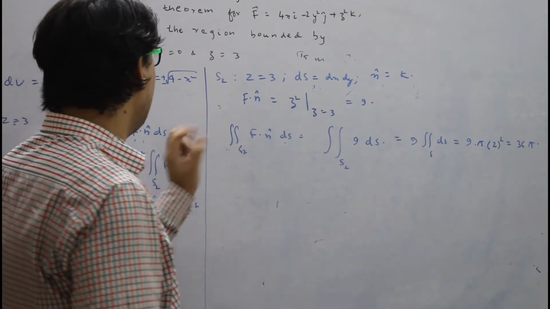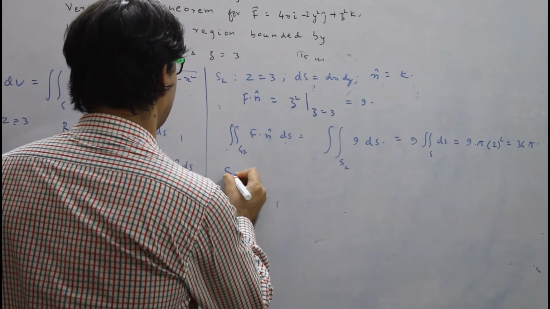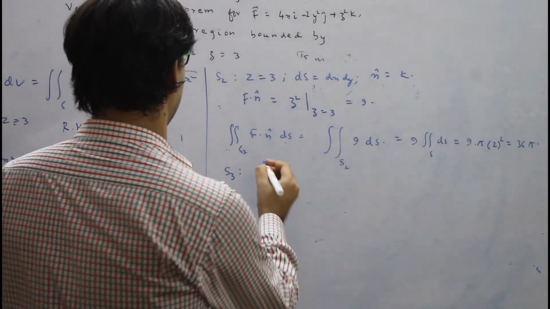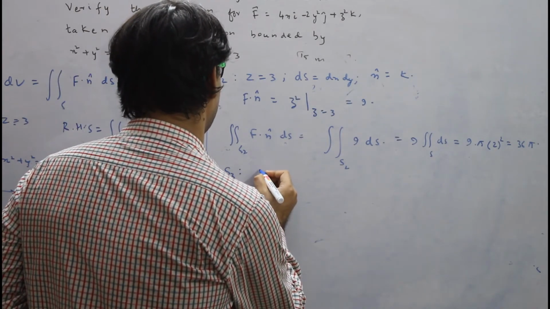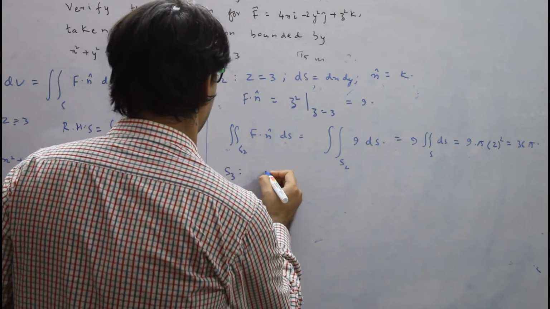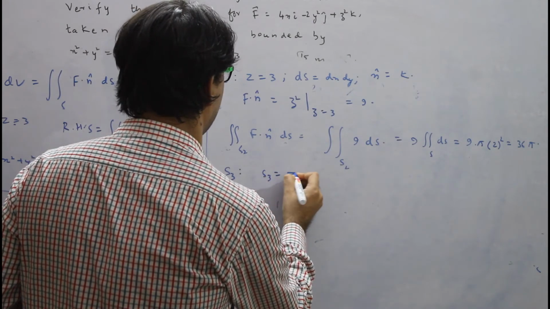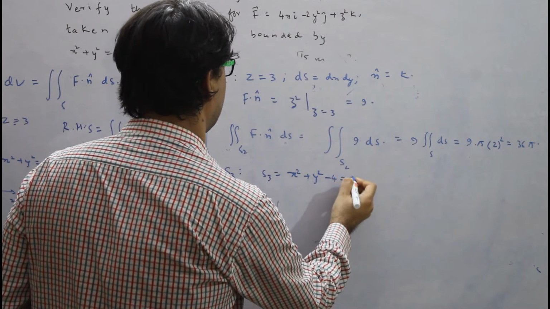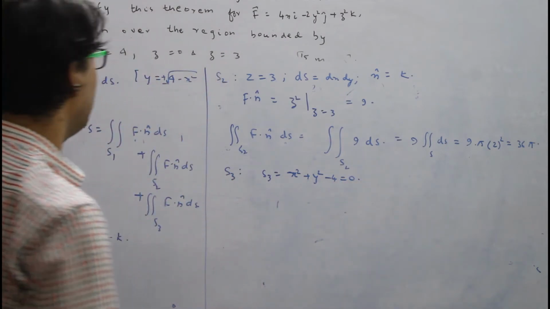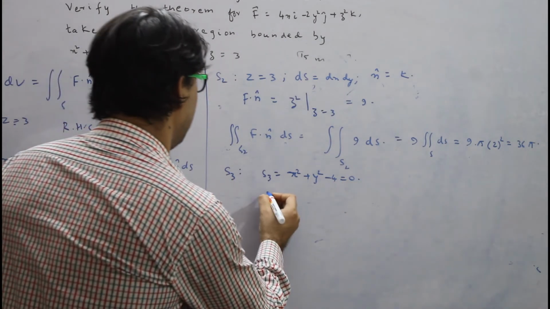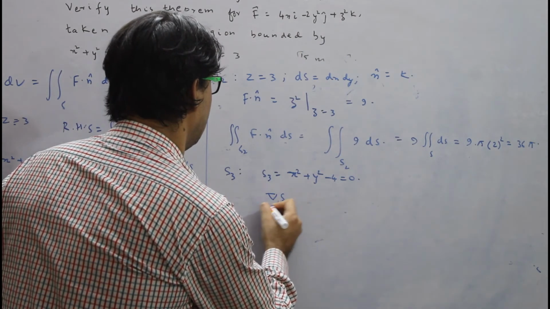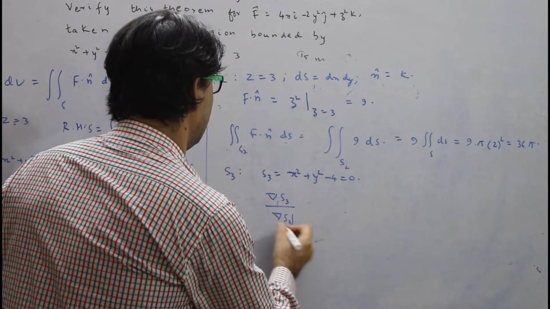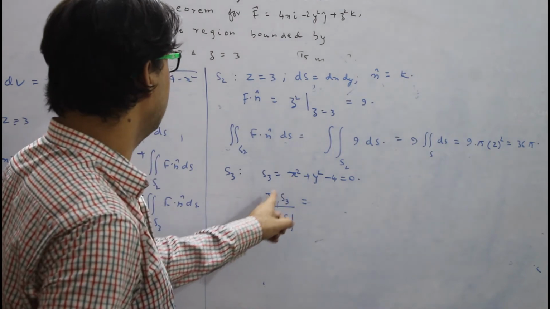Now the last one we have to find is S3. So here we have a function for S3, given as x square plus y square minus 4 is equal to 0. So that is normal to that. So we have to find the normal vector. This is the grad of this.